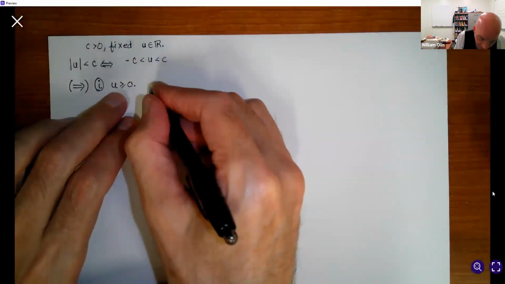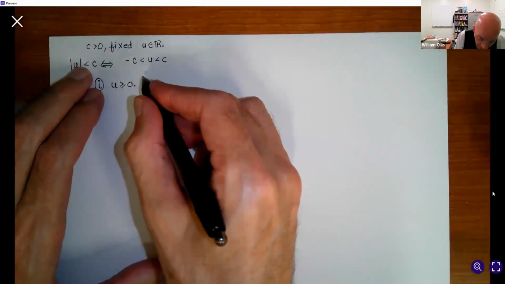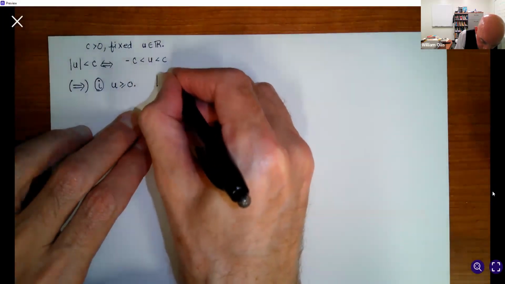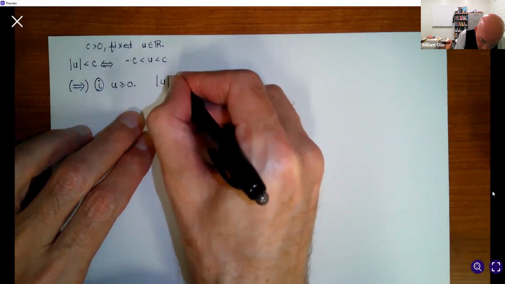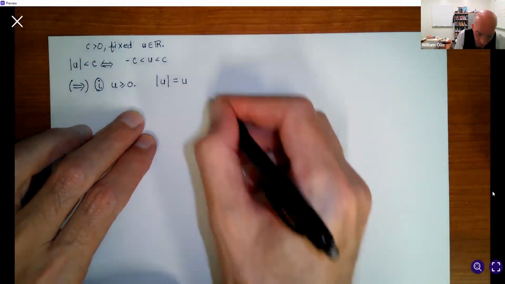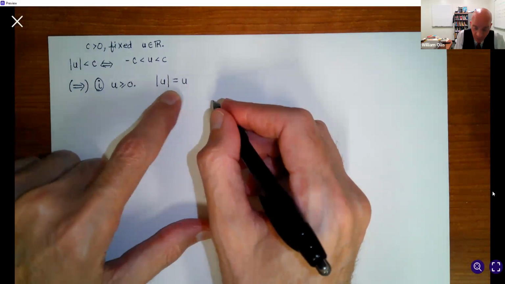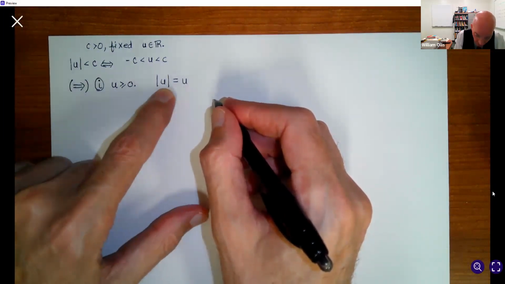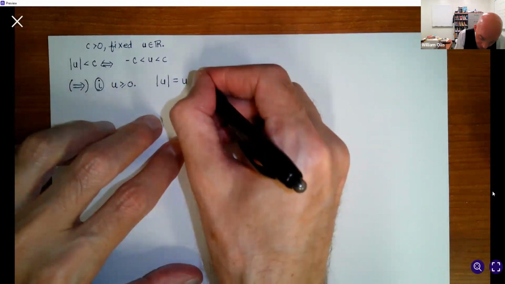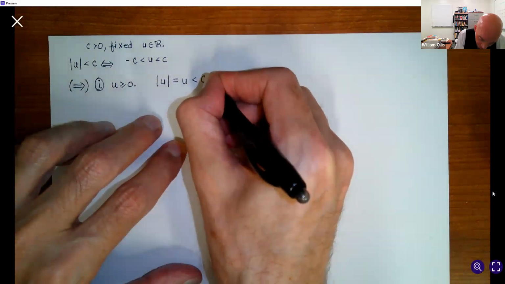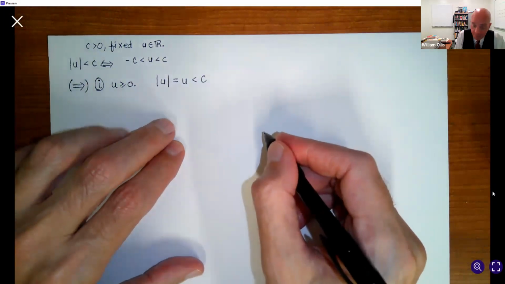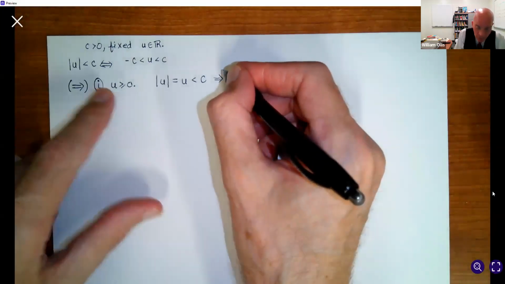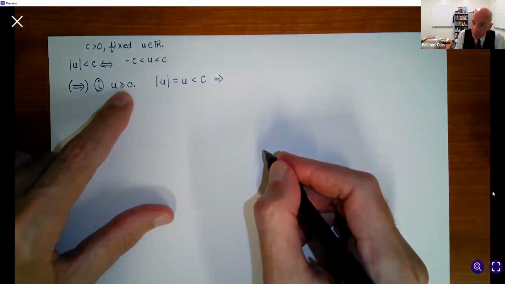So in this case, we can look at this and suppose this. So now we have the absolute value of U, which equals U, because U is non-negative, its absolute value is just U, and of course the absolute value is less than C. So that means U is less than C. But then, of course, U is greater than any negative number because it's non-negative.